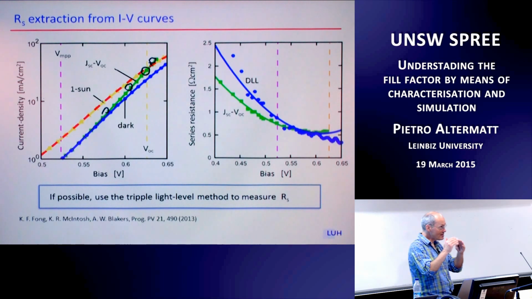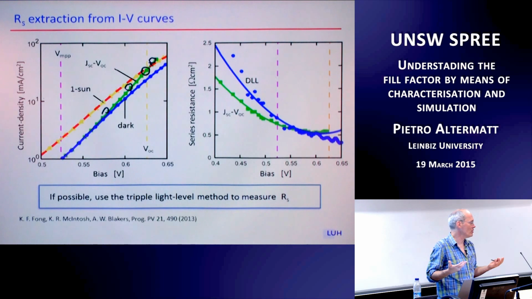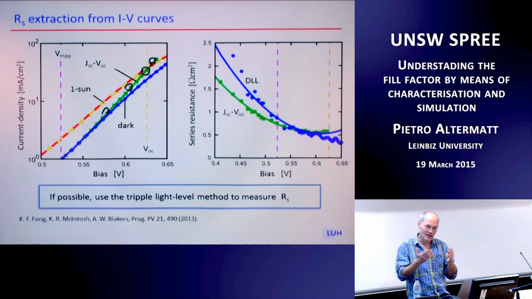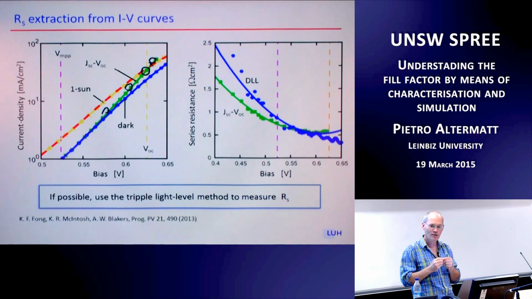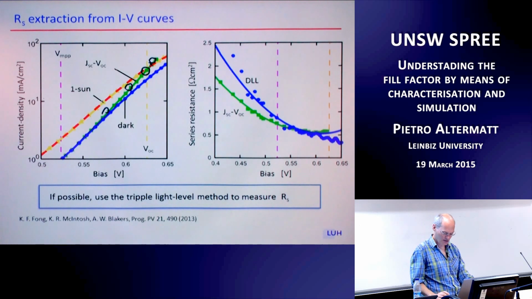And because you got less light, you got a smaller delta n, you get a higher S or a lower lifetime, whatever in your base, and that changes your J naught. And so when you extract RS from the JSC-VOC method, you got the recombination behavior mingled into your analysis. And I strongly recommend you keep it cleanly separate: what's recombination and what's RS, and with that method you can't keep it separate.